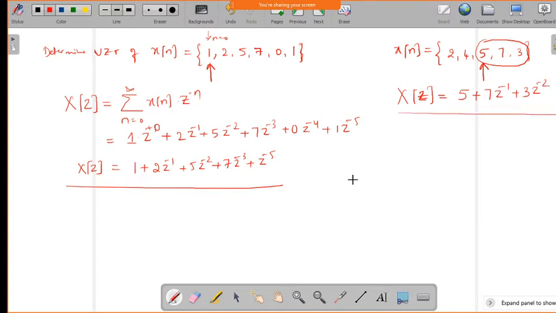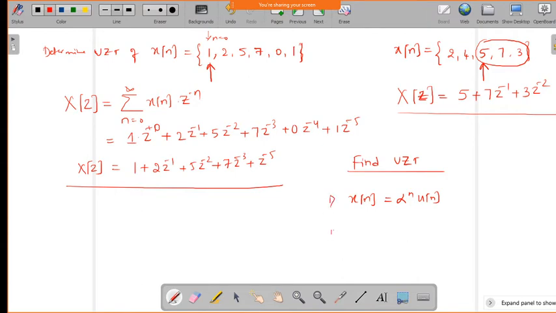Yes, sir. So now find the unilateral Z transform for this. The first one will have x of n equal to alpha power n into u of n.